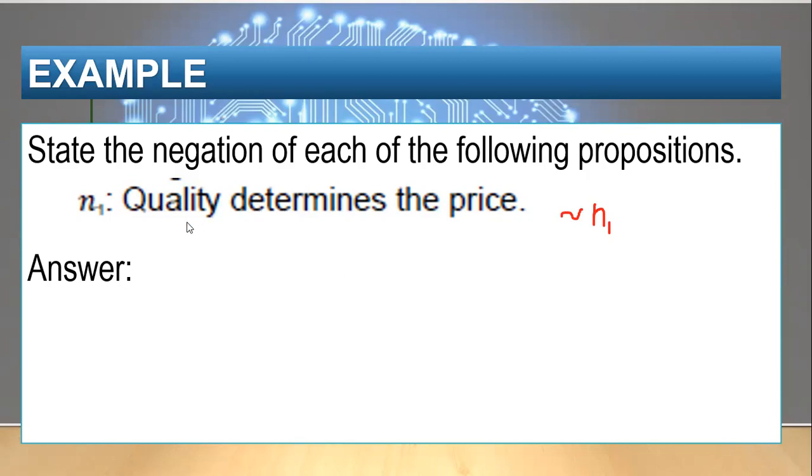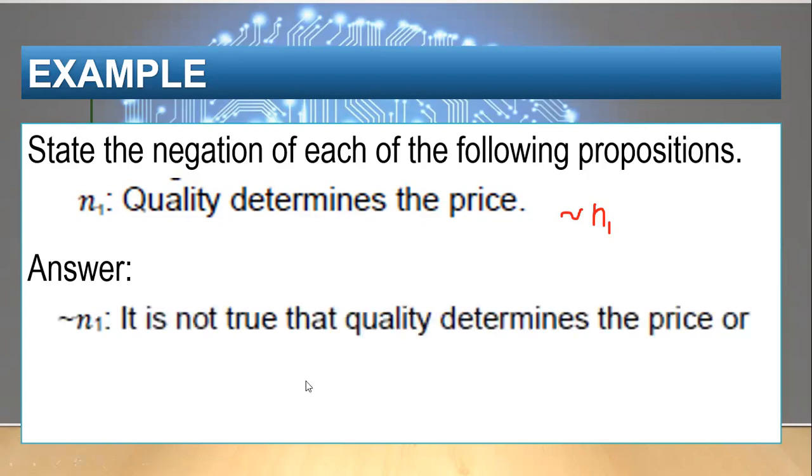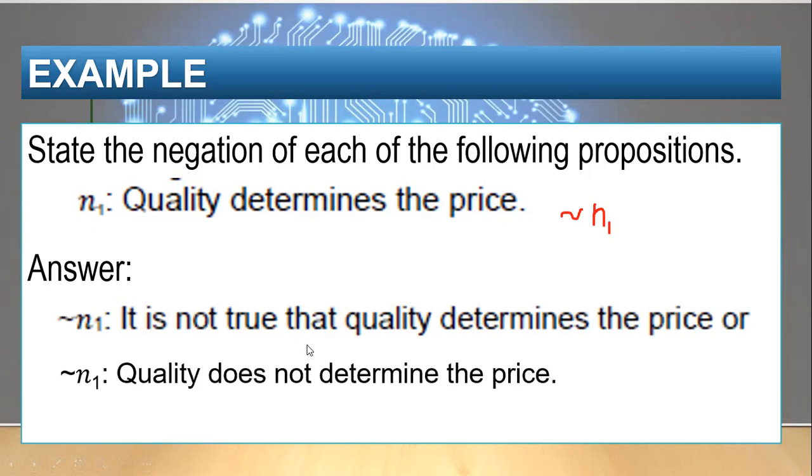Pwede nating answer dito, quality does not determine the price. Or it is not true that quality determines the price. So, depende basta ma-negate natin or mabaligtad natin yung gusto niyang i-state or yung meaning ng ating sentence. Okay.